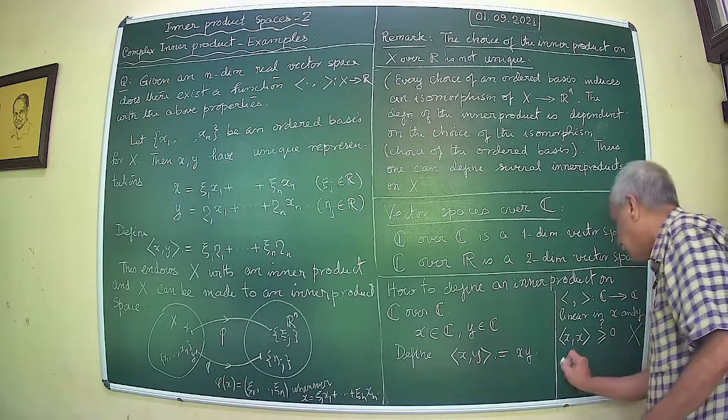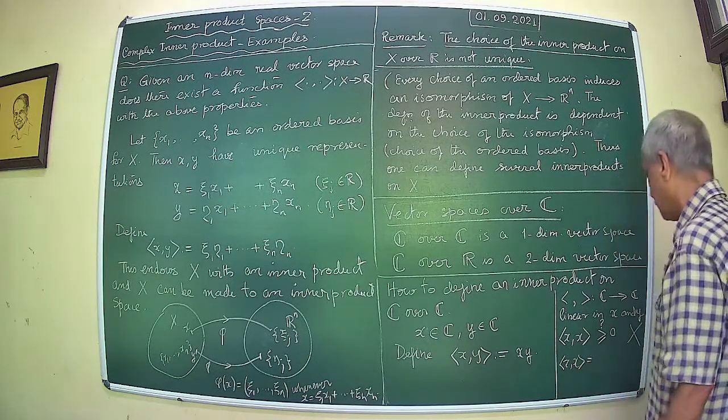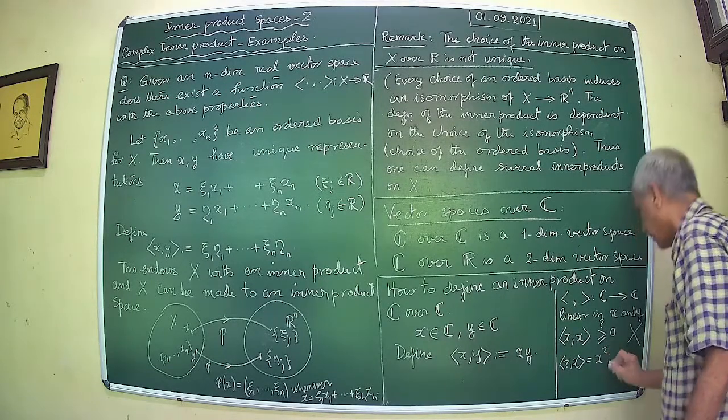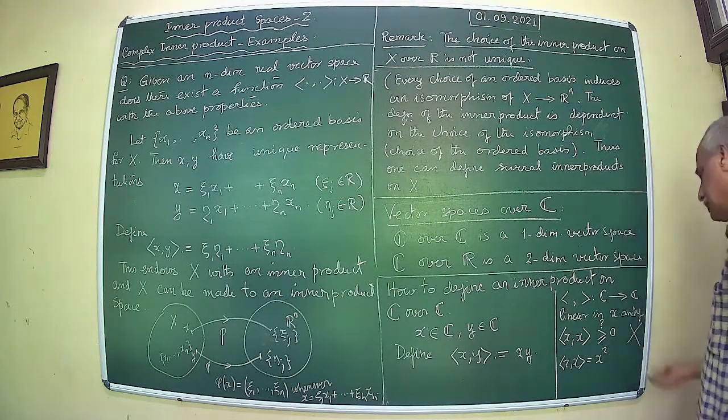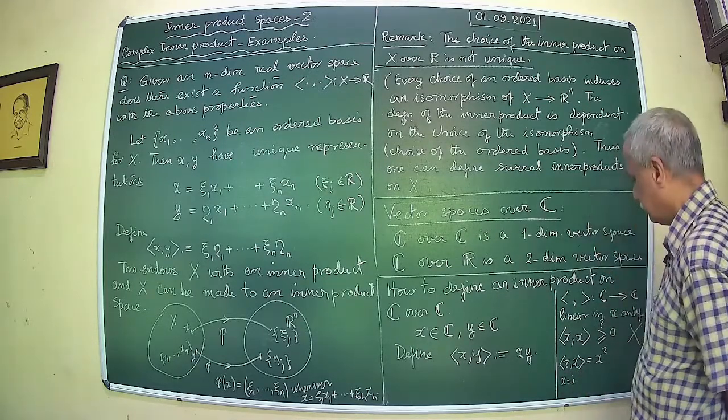Because (X, X) is X square. And let us take X equal to i. Then what happens?